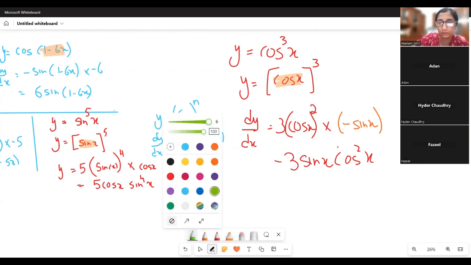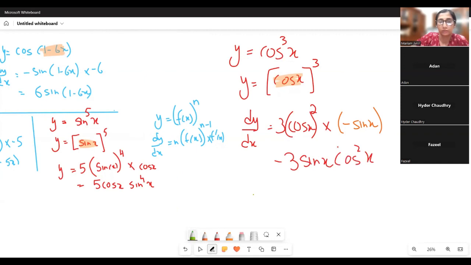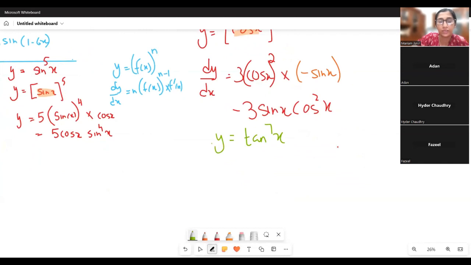Another one, y equals tan power 7x, which I'm going to first rewrite as y equals bracket tan x whole power 7. Okay, again we have to apply the power rule first.